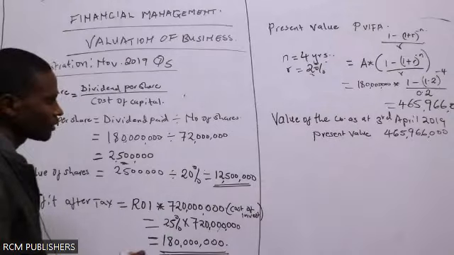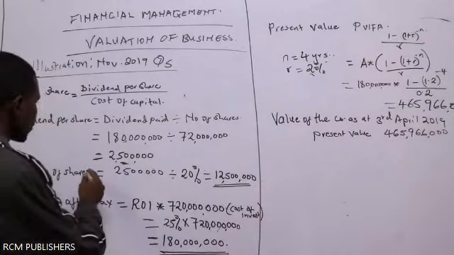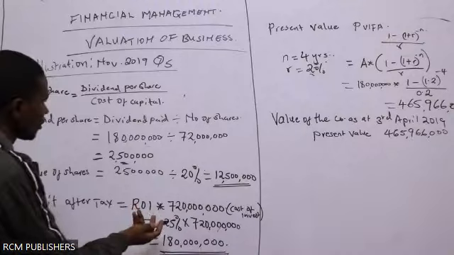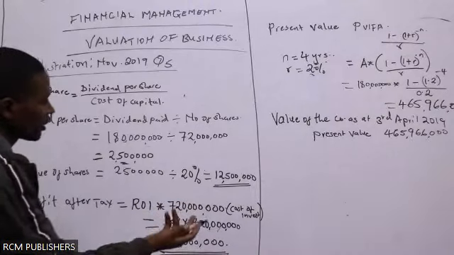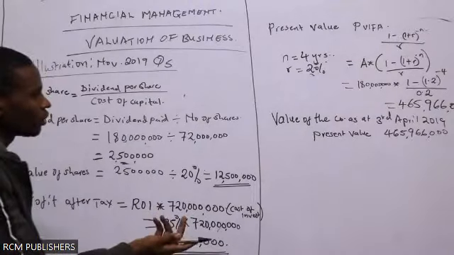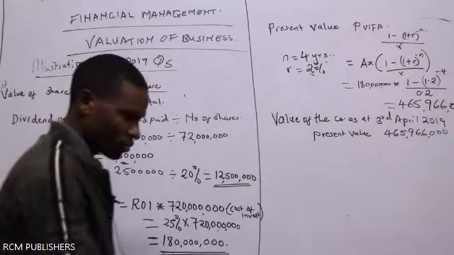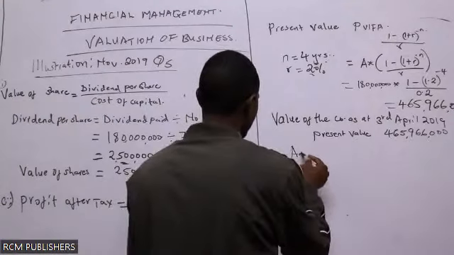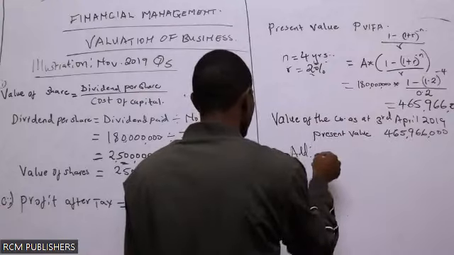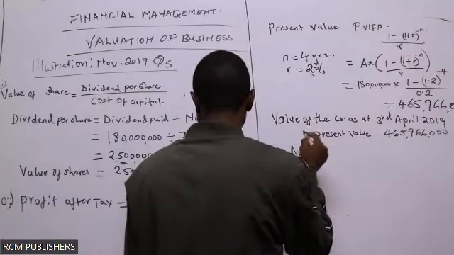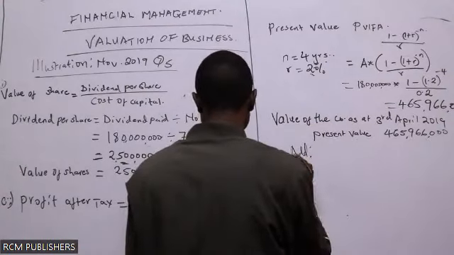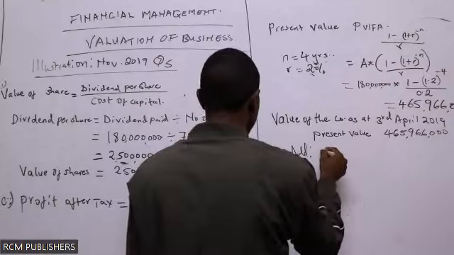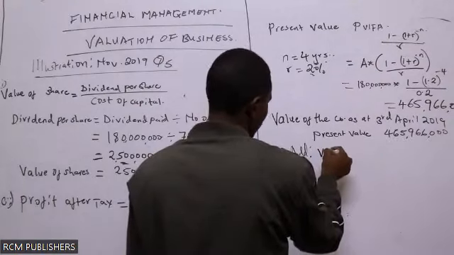In fact, we have just to add. Already we had the value of share here. We add to whatever the present value that we got here. Now we have to add this value of share because we need the value of share this company has at this date. So the value of share here is 12.5. That is 12,500.